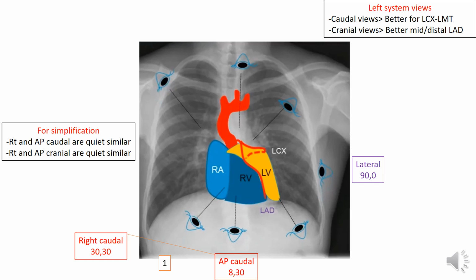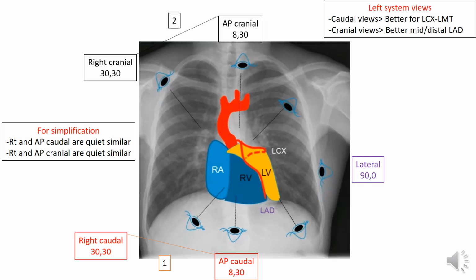So in the spider or right caudal view, you will find the circumflex artery running vertically on the image, as we will see in the coming slides. For simplification, both views have a similar picture in the coronary angiogram, so we will deal with the spider view and right caudal view as one view.